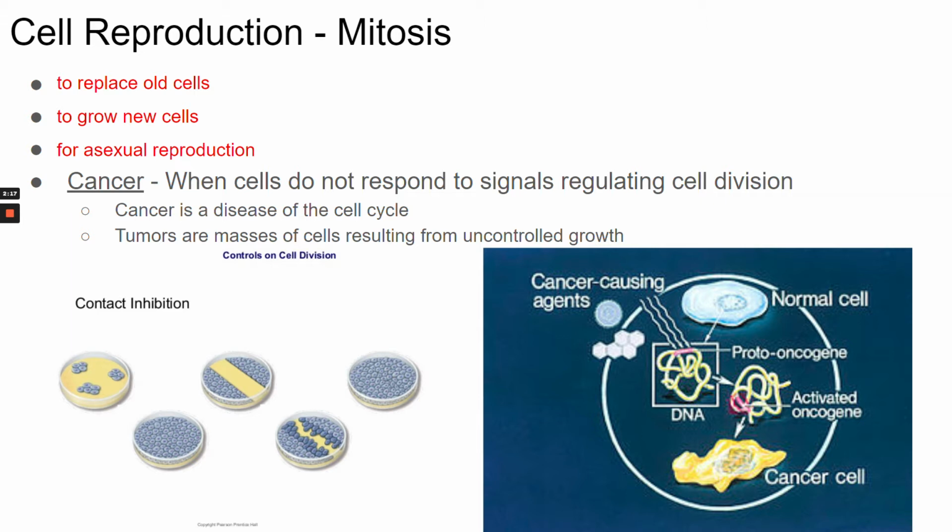And normally cells stop reproducing once they have replaced the other cells, but sometimes they lose that, and that's what leads to cancer. Our own body cells making these masses we call tumors.